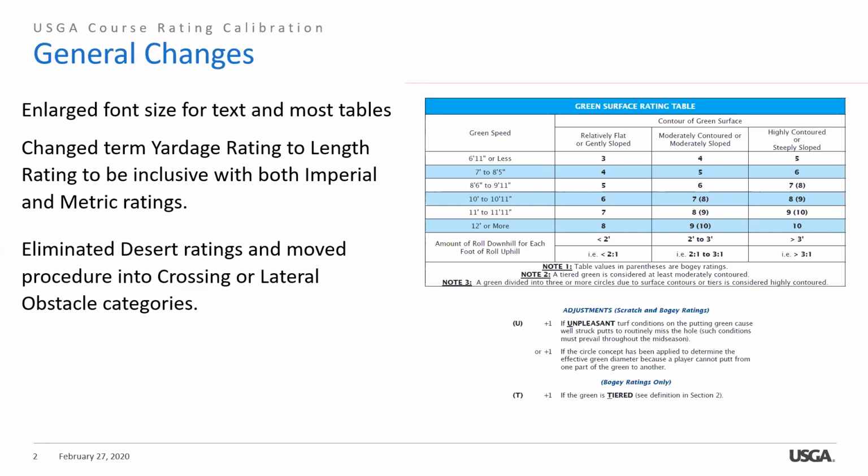Speaking of the crossing and lateral obstacles, those penalty area pages or those stickers that we gave last year are now permanently cooked into the book. So now when you look at your book, you'll see there are tabs for the crossing and lateral now.